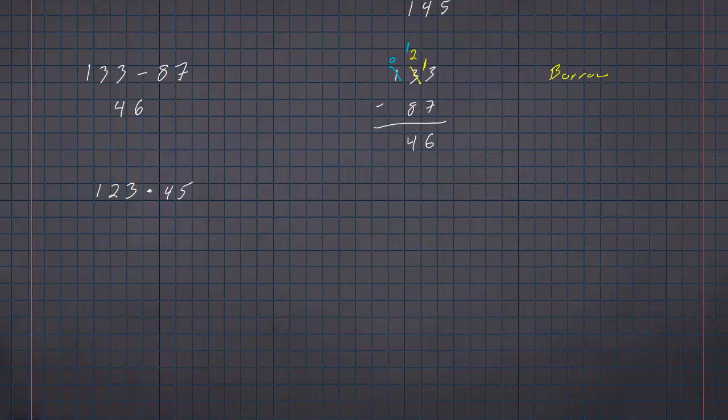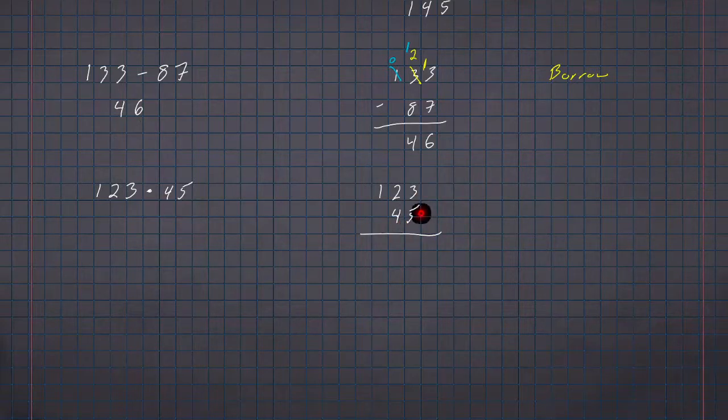All right, let's take a look at 123 times 45. I'm going to write this out in columns. The rule of thumb for multiplying, or at least the one that I'm most familiar with, and most of my students have been most familiar with, is take it one digit at a time.